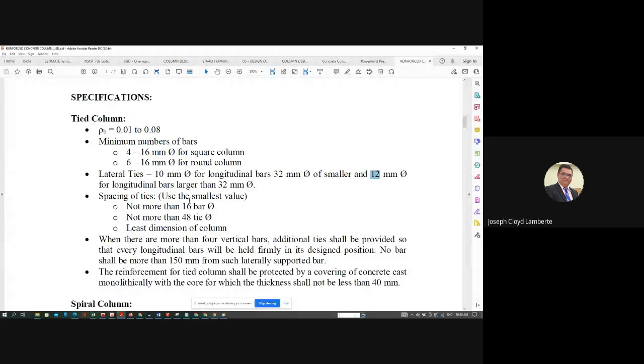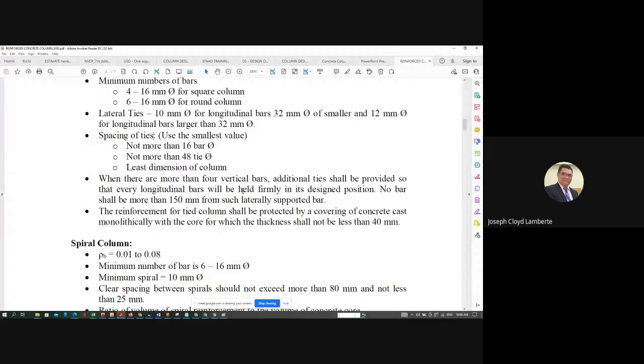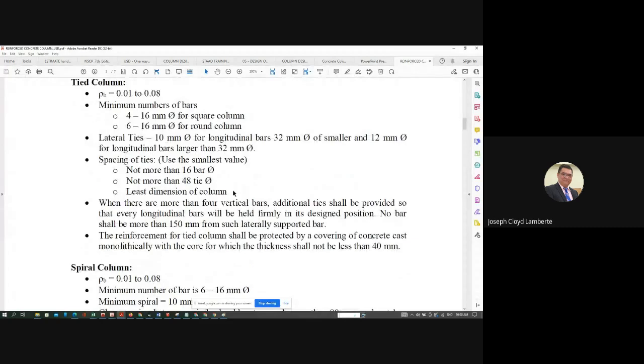Spacing of ties. Okay, kani. Kindly take note on this one kay again we are talking about general column. Soon when we discuss about the requirement for seismic provision, dili na ni siya mao. So the spacing for the ties of the tied column is the smallest of these values.